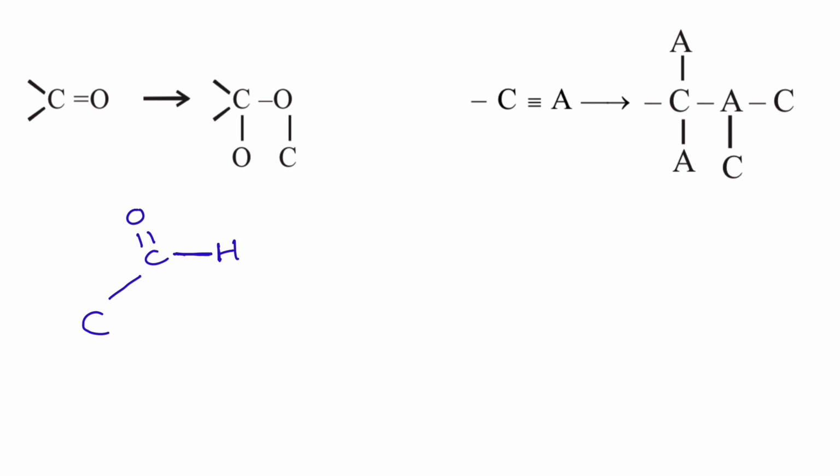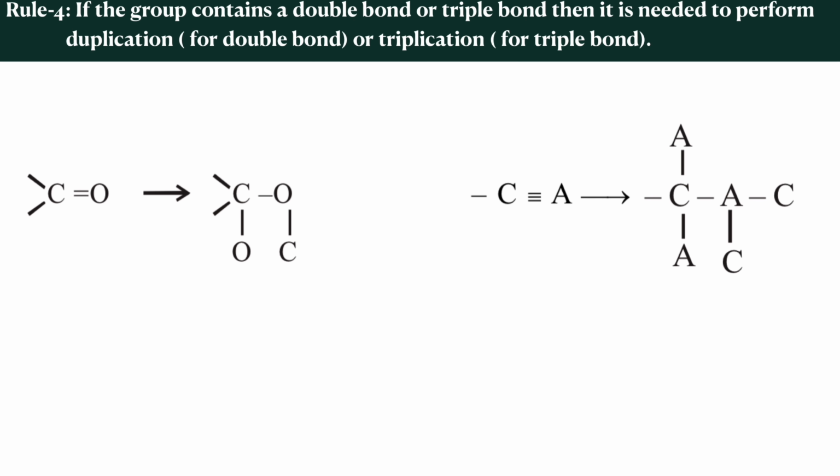Before comparing their priorities, that double bond should be duplicated, a triple bond should be triplicated. So what is meant by duplication? Here we have a double bond, writing that double bond as two single bonds.